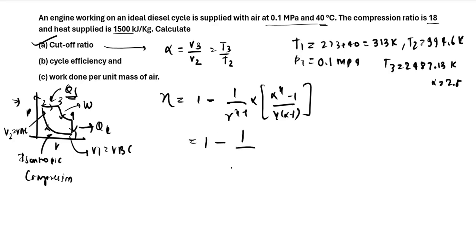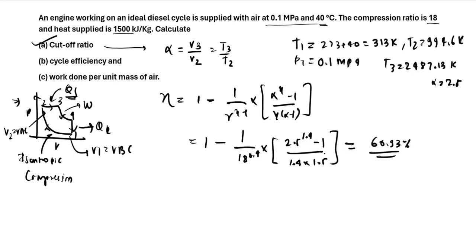Putting in the values, 18 to the power 0.4 into 2.5 to the power 1.4 minus 1, divided by 1.4 into 1.5, which is alpha minus 1, because alpha is 2.5, you will get an efficiency of about 60.93%.